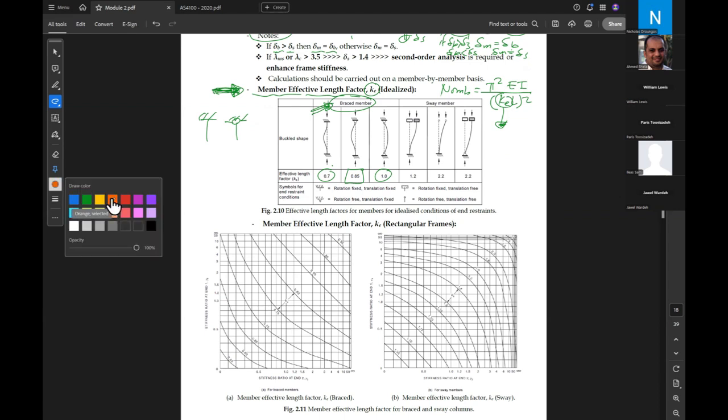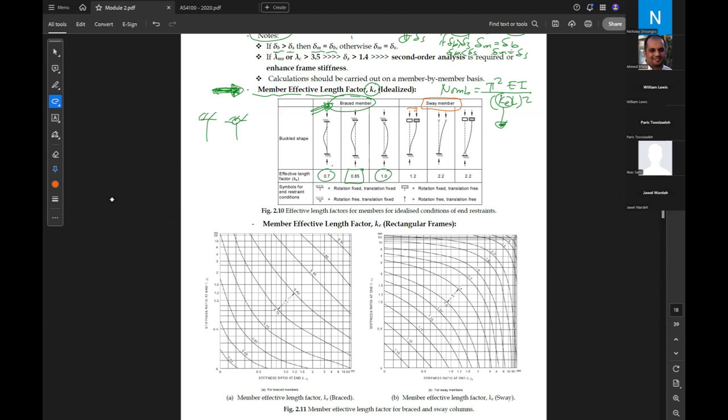For unbraced or sway members, we have other supports, because if it is fixed, this means the frame is braced. To be sway, the top support or top end should be allowed to move or translate.